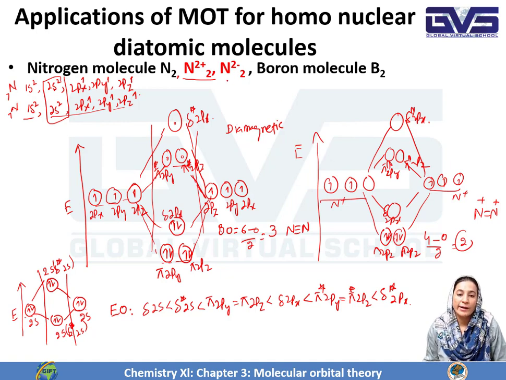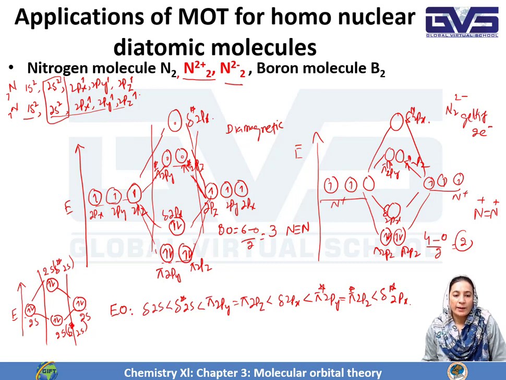Now come to N2 2 negative. N2 2 negative means getting 2 electrons. So already nitrogen has 1 2 3, and if it gets one more electron, and the other nitrogen also gets one more electron, what will be its electronic behavior?